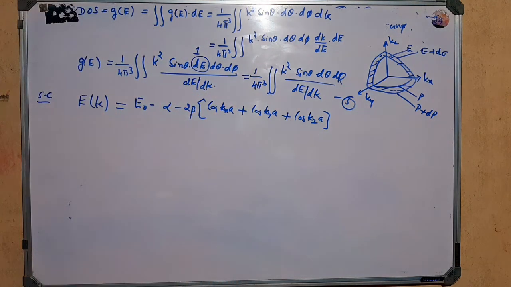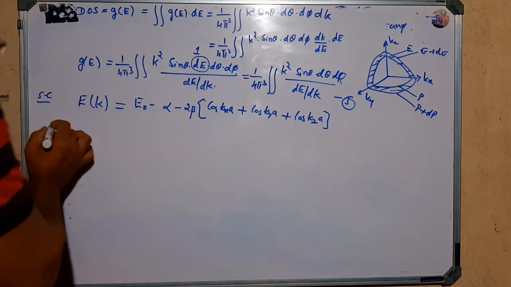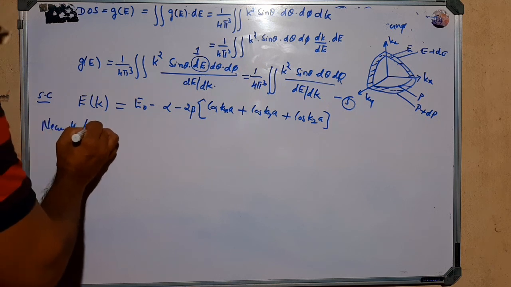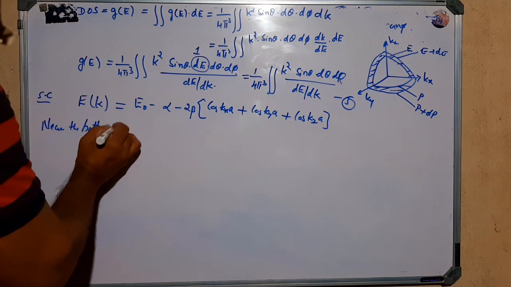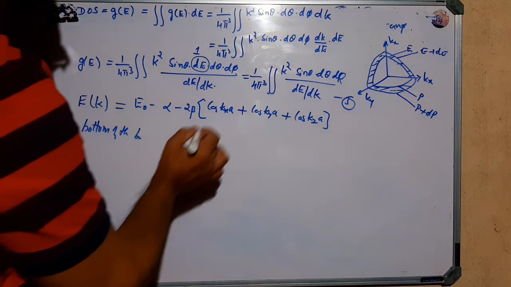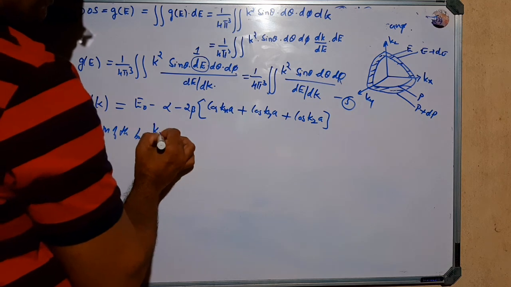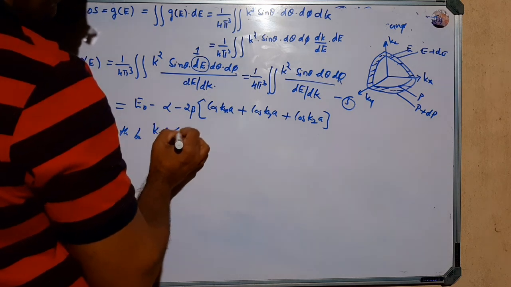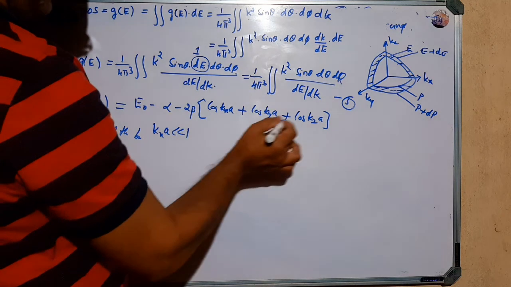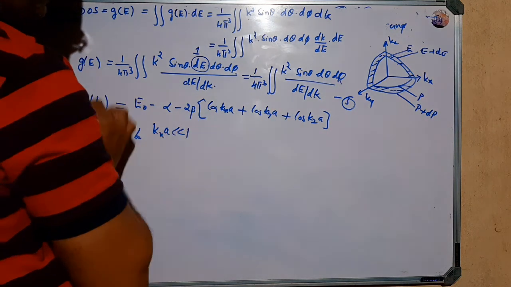Now let us consider the case near the bottom of the band. That means kxa is much less than 1, similarly kya is much less than 1, and kza is much less than 1.